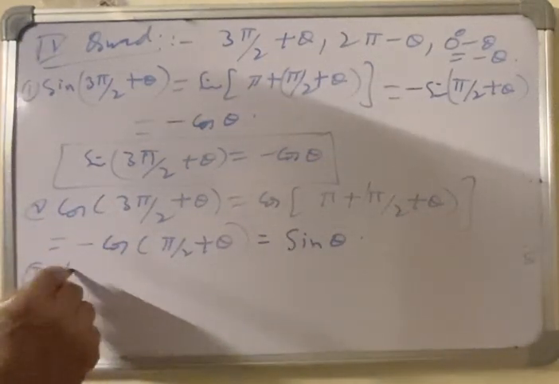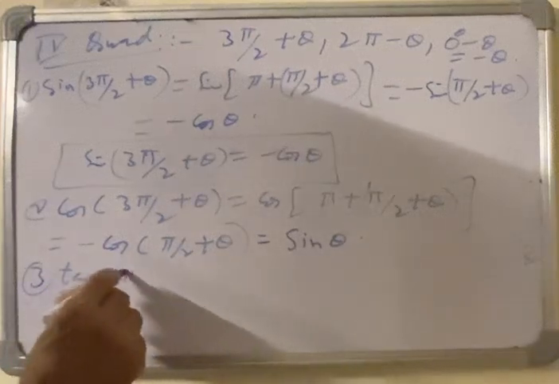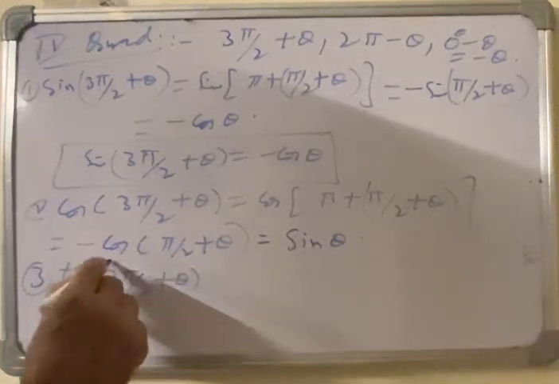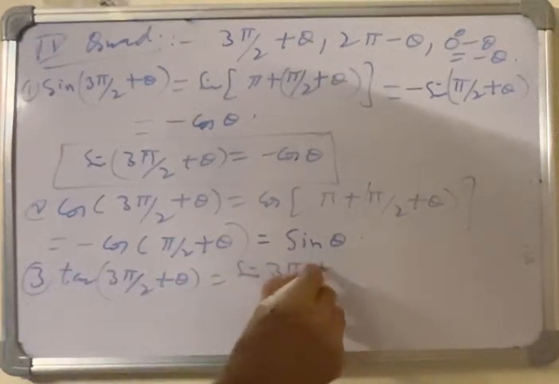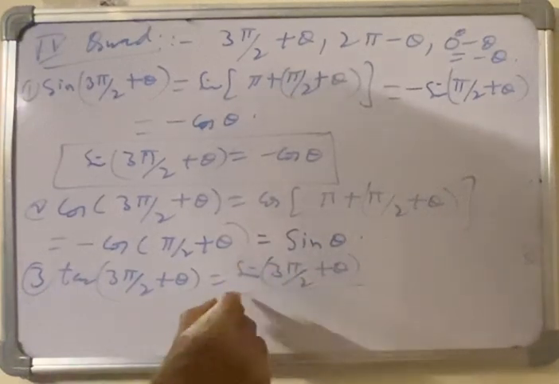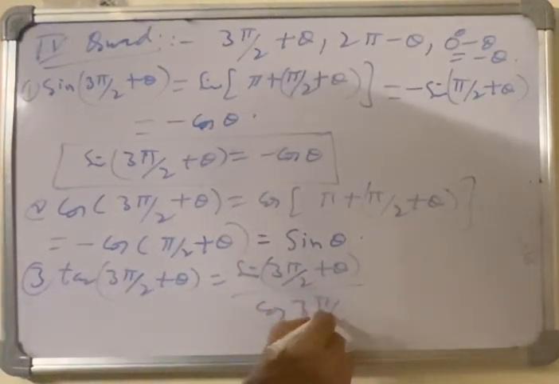In case of angle 3 pi by 2 plus theta, cos changes to sine. Third, tan 3 pi by 2 plus theta is equal to sine 3 pi by 2 plus theta over cos 3 pi by 2 plus theta.